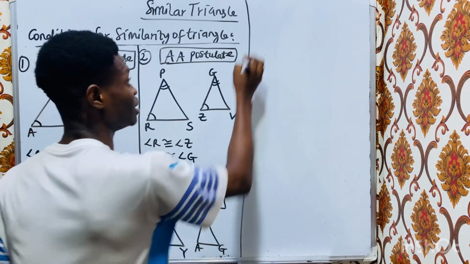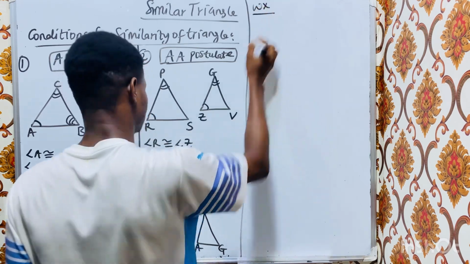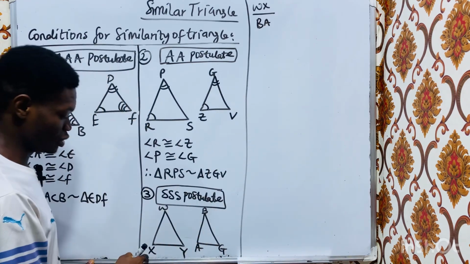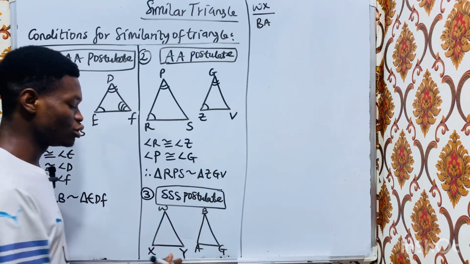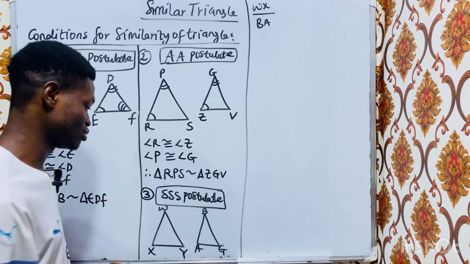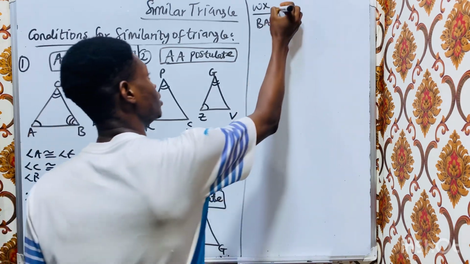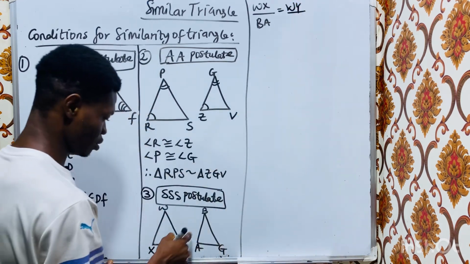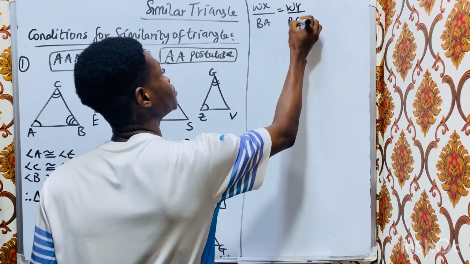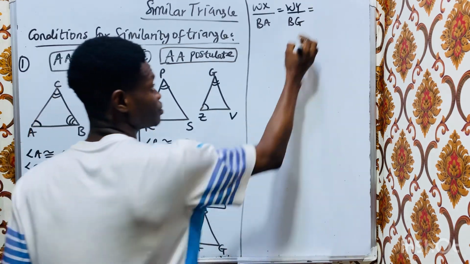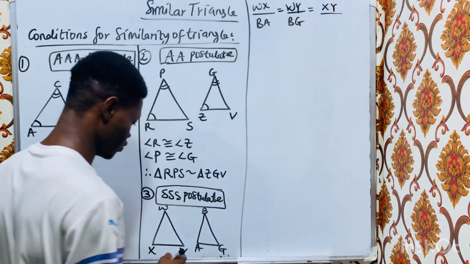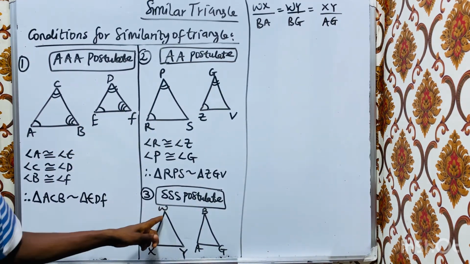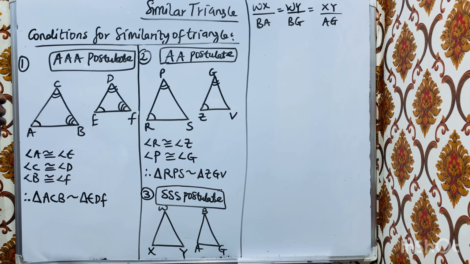So WX over BA, from here to here, is equal to WY over BG, which is equal to XY over AG. Don't mind how big or how small the triangle is. If the ratio of their corresponding sides are equal, that means they are similar.